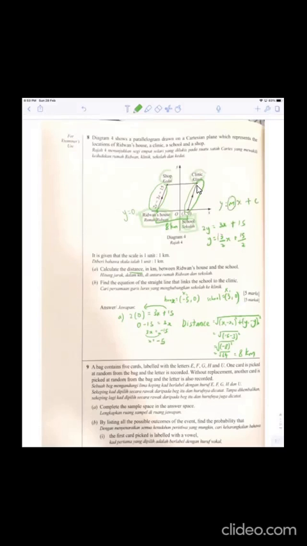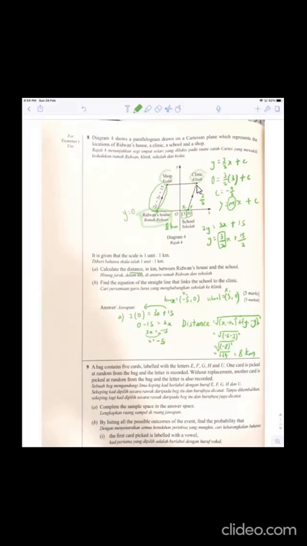M is the gradient. So the gradient is 3 over 2. So we just put this x, this y into the equation. Y equal mx plus c. So y is 0, x is 3 plus c. So we get c, we get negative 9 over 2.